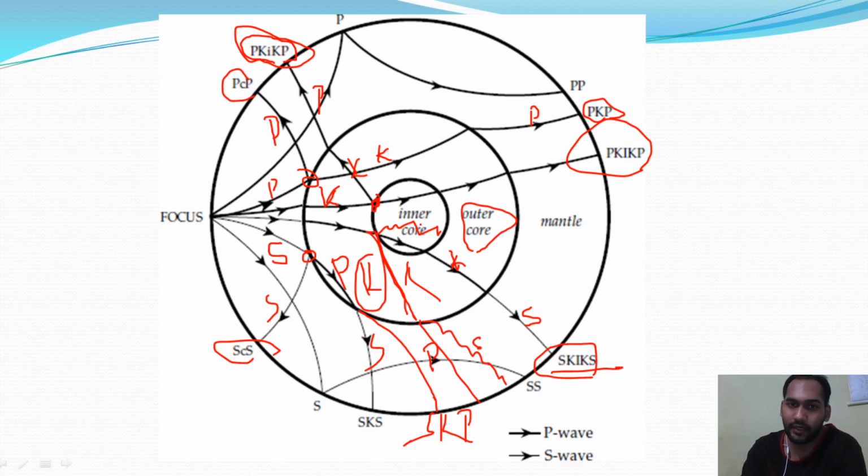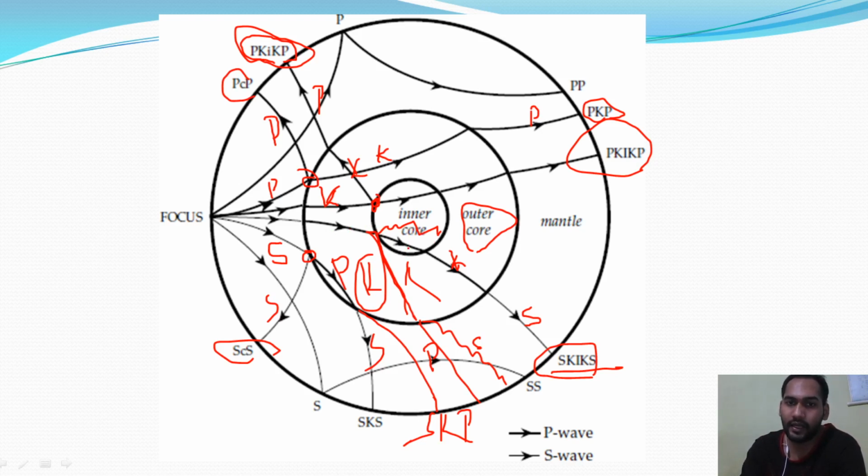So the wave which is traveling in the outer core as P can enter the inner core as P or S.